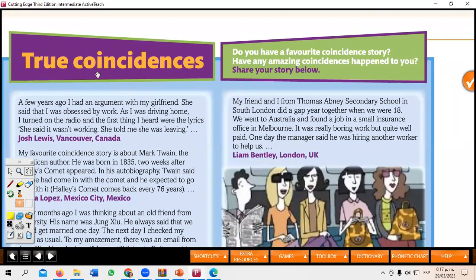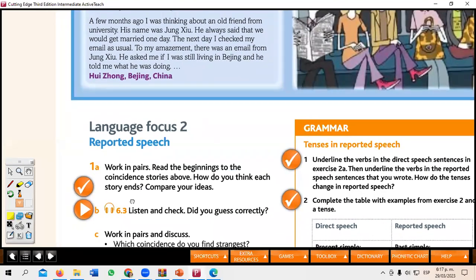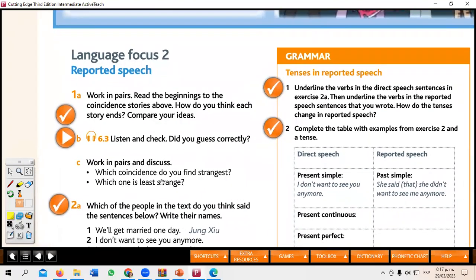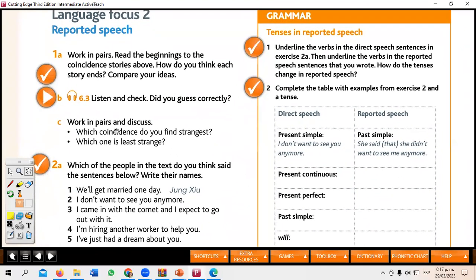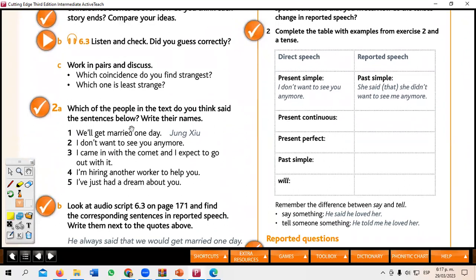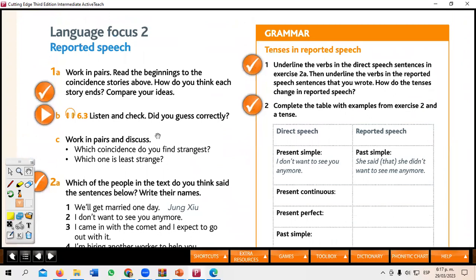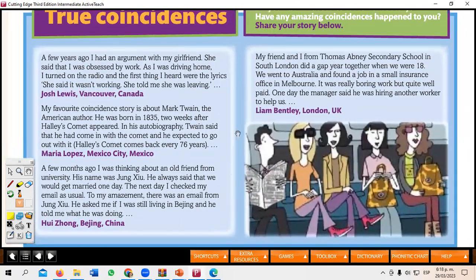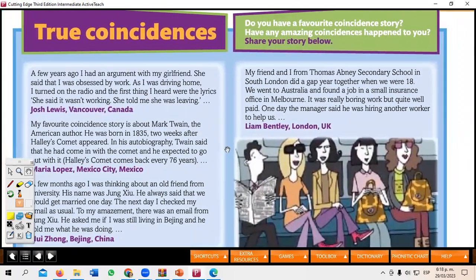It's called True Coincidences. We're going to read it together and then discuss the questions over here, okay? After that, we are going to answer questions in point 2. So let's begin reading about true coincidences and then we start our activities.